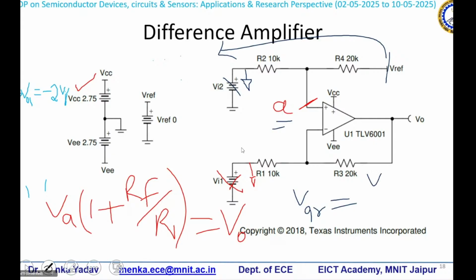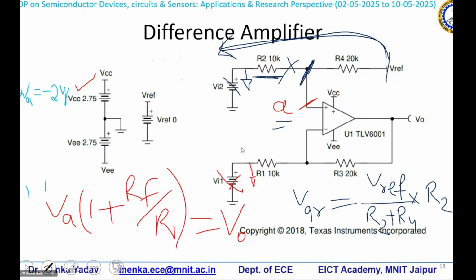So we'll be having V reference upon R2 plus R4, that is the current contribution because of V reference, and into R2, that is the voltage. See, the current is coming V reference upon total resistance through this, into that current into this resistance is the voltage seen over this A terminal. So this becomes VAR. Fine.